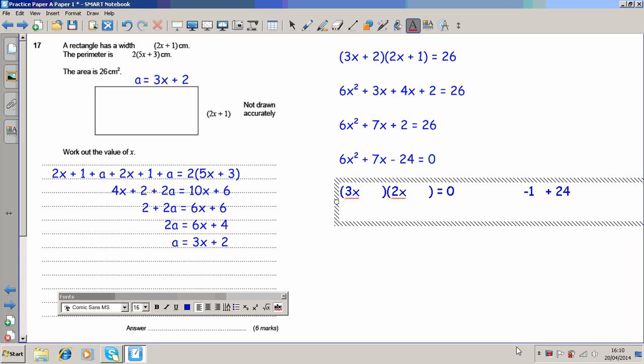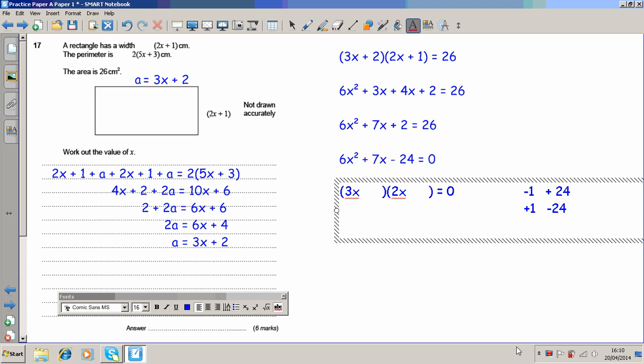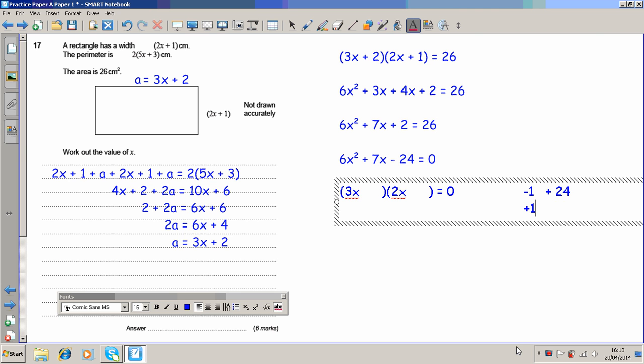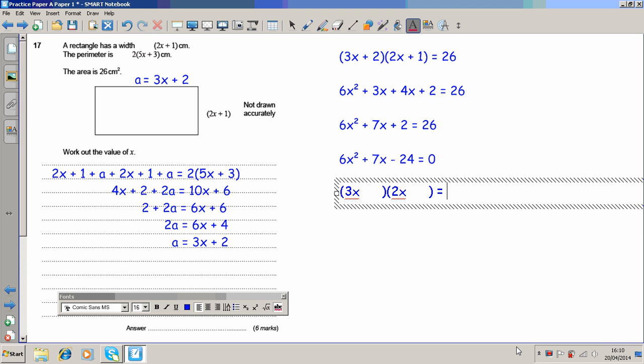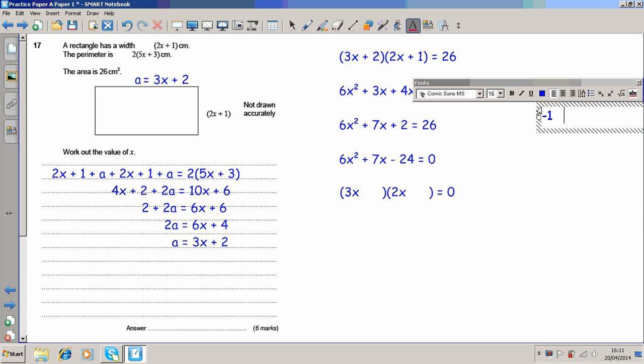We could have +1 and -24. We can make this list somewhere else, actually. So -1 and 24, I could have +1 and -24. I could have -2 and 12.